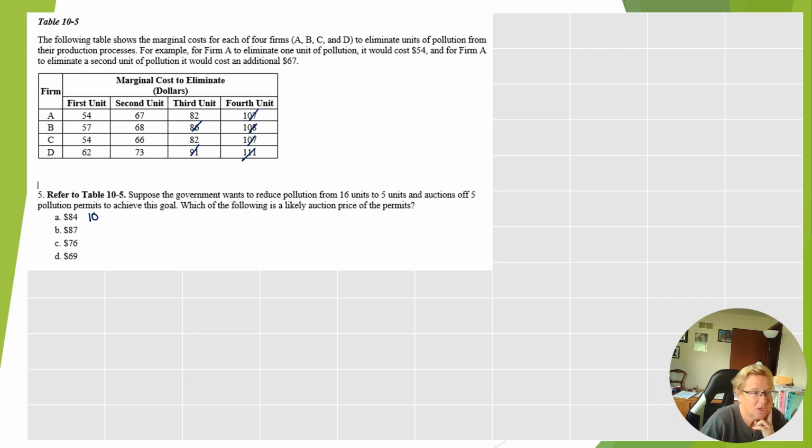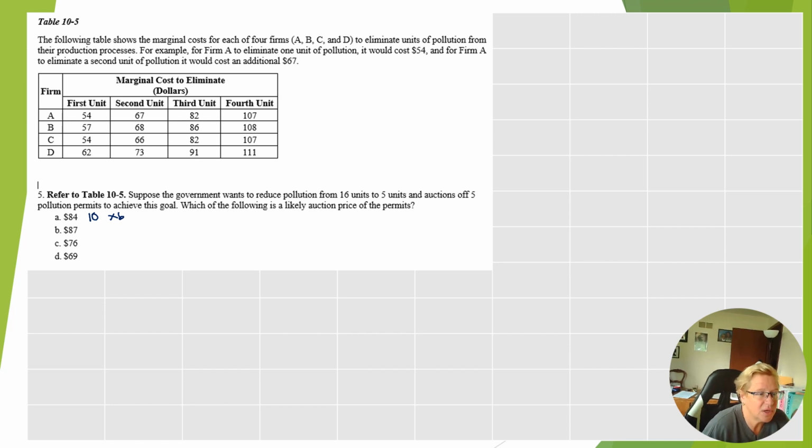And I have eliminated 6. Let's take a look at the next one, because that doesn't seem to match our goal here, because we want to get down to 5 units. So let's take a look.